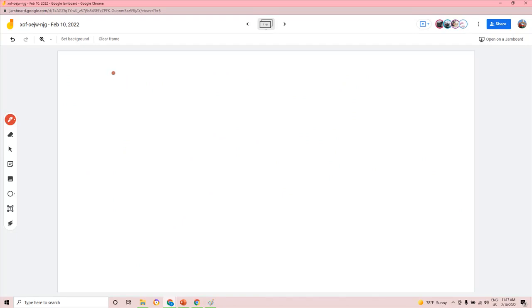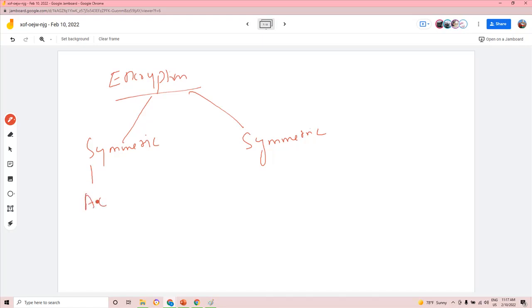For encryption, students, we can go for symmetric or asymmetric. Symmetric means AES encryption algorithm, DES, RC6.